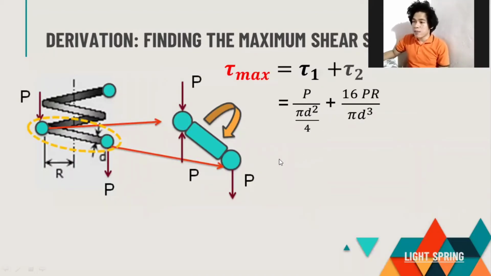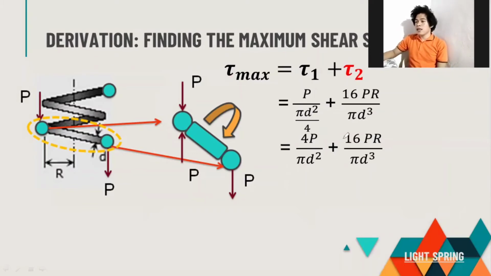And then let's simplify this, class. I'll put the 4 on top so it looks cleaner: 4P over pi D raised to 2 plus 16 PR over pi D raised to 3. Now, class, let's factor this out to simplify it, since it has a common factor.